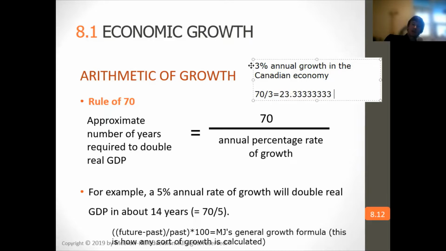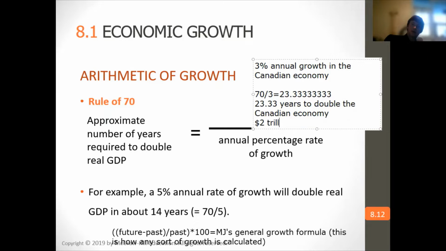So it'll take about 23.33 years to double the Canadian GDP. It's at 2 trillion right now. It'll be at about 2 trillion in 2022, then 4 trillion GDP in 2045.